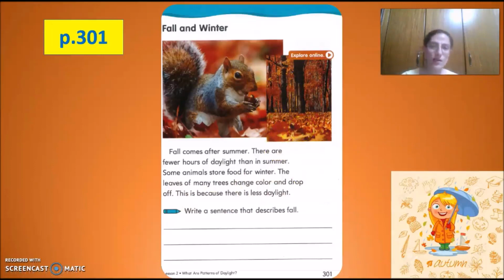Now, as we said, during the fall and the winter, due to Earth's rotation around the sun, what happens? At certain times during its rotation, it will be very far away from the sun and tilting away from the sun, which results in fewer hours of daylight and the production of the two colder seasons, which are fall and winter.